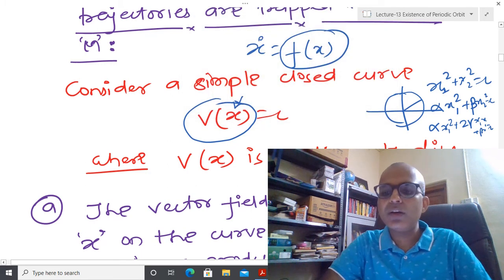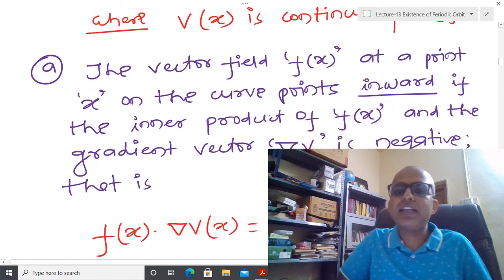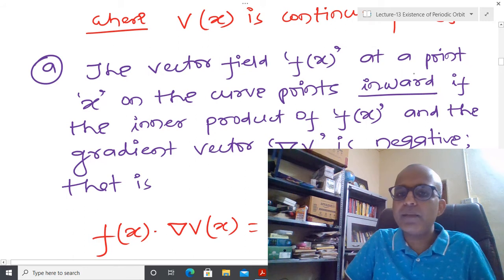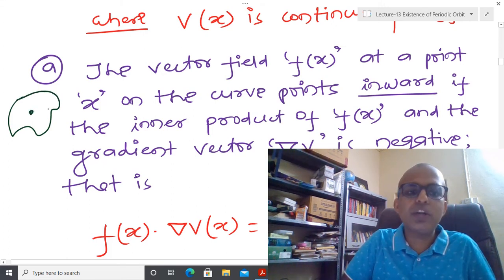For that, I am going to see the vector field f(x) at a point x on the curve. So first I have constructed some curve. Suppose I have to see a periodic orbit or closed orbit in this region.